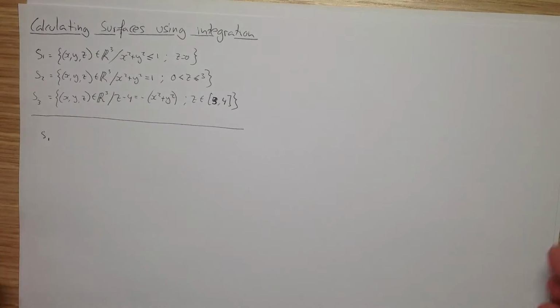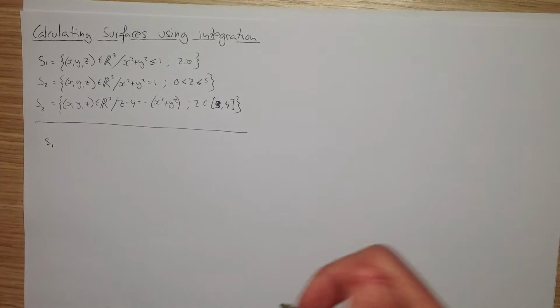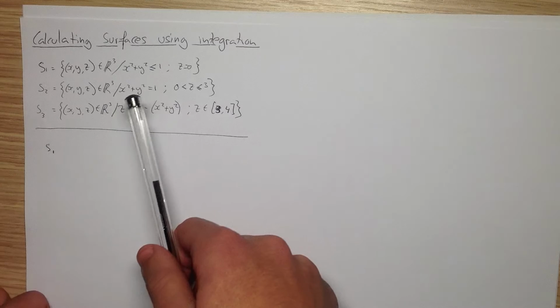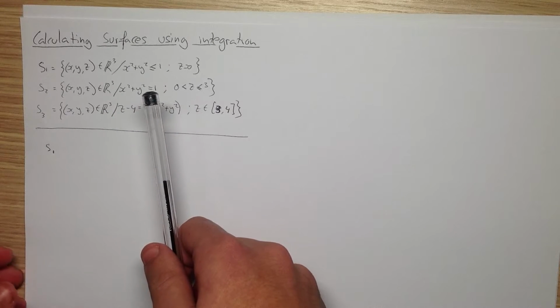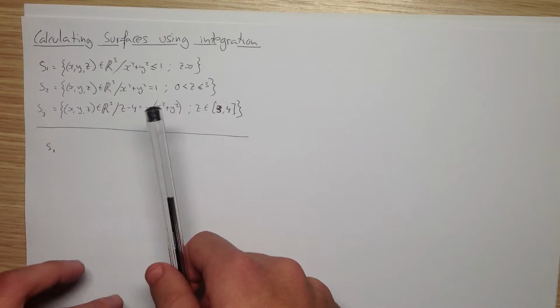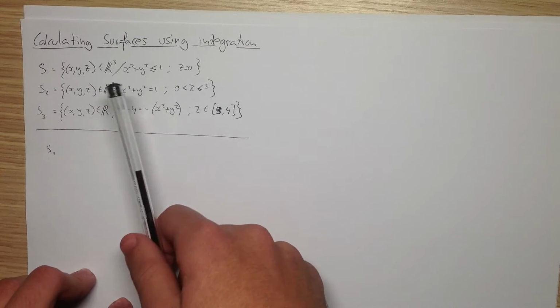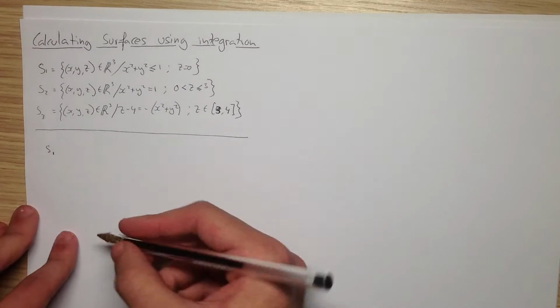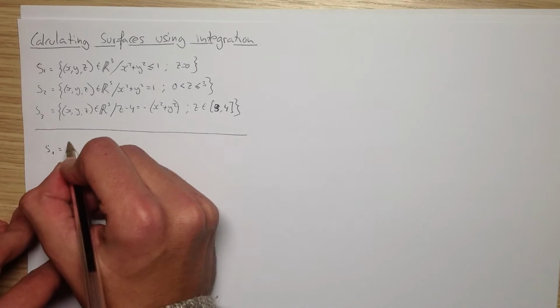The first thing we want to do is to pass this into polars, because Cartesian coordinates are not a very good match when working with circles. So we need to pass it to polars. How do we do this? Very simple.